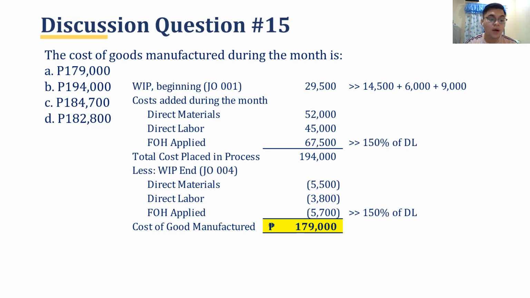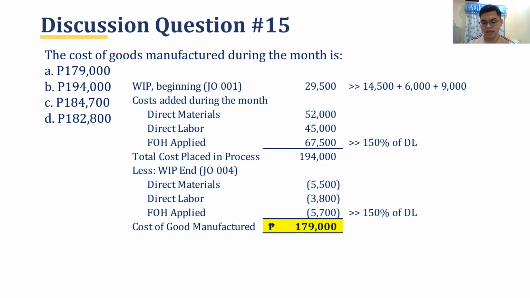Direct materials, 52,000. Tapos, direct labor, 45,000. Now, you compute for factory overhead applied. That's 150% of your direct labor. So, you got 45,000 times 1.5. So, that's 67,500.